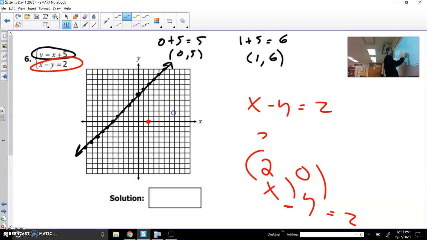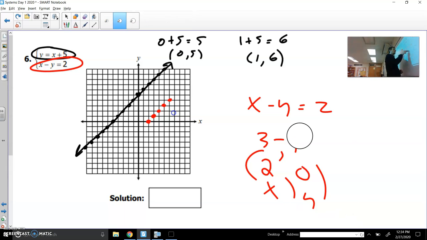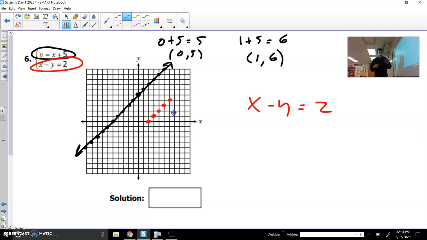But so is 3, 1. 3 minus 1 is 2. Or 4, 2. 4 minus 2. Or 5 minus 3. Or 6 minus 4. See, I'm just thinking about what values are true for this equation. But that's a deeper understanding of it because I'm really imagining what values would go in there.